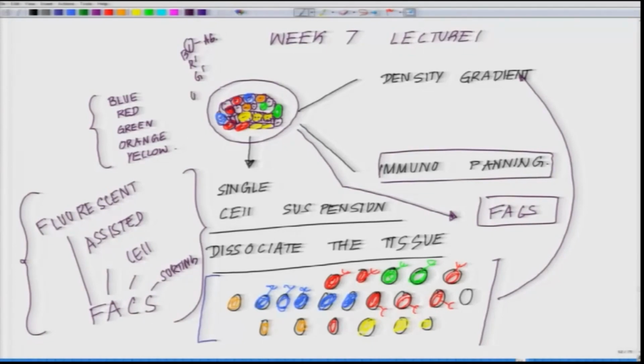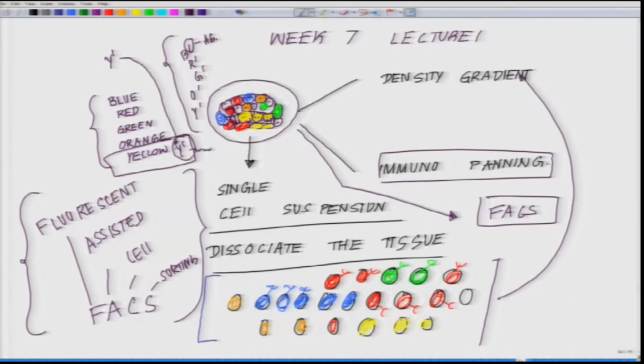Now, if I bring Y prime into the game, I know it will adhere only to the yellow cells, no issues. So now these cells will have a tag Y prime.